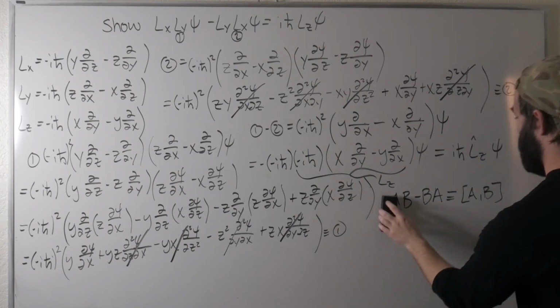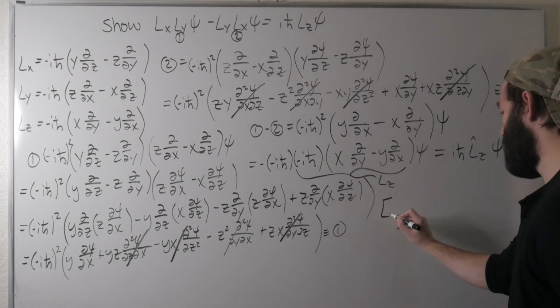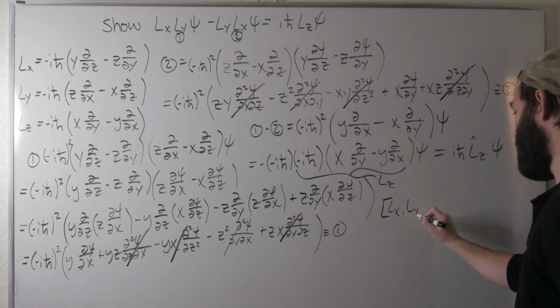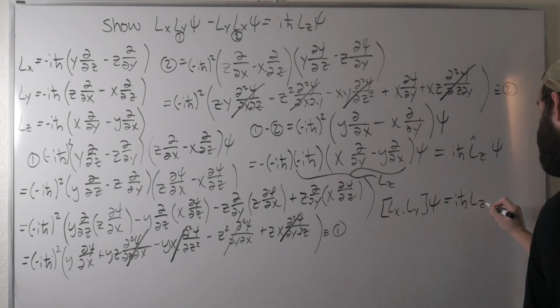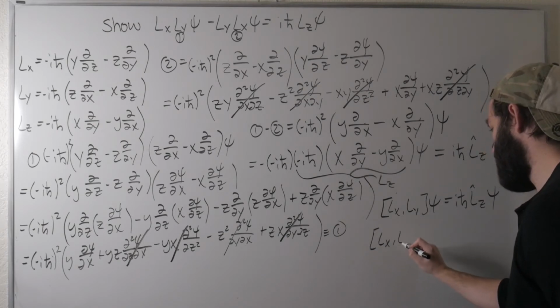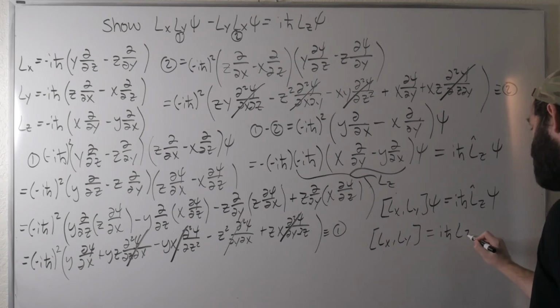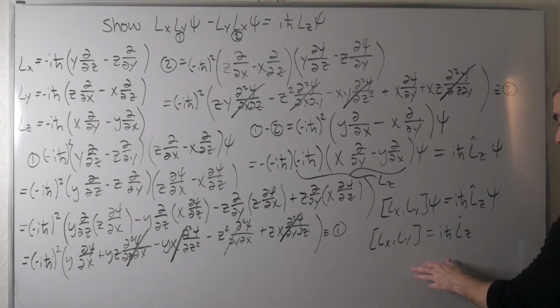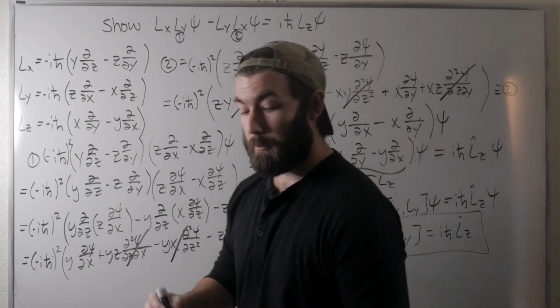So, in a nice concise equation, we get that the commutator of Lx and Ly acting on psi is equal to i h bar Lz psi. Or in other words, we can just say that this commutator of Lx, Ly is equal to i h bar Lz. And you can derive these commutator relations for any component of these angular momenta.